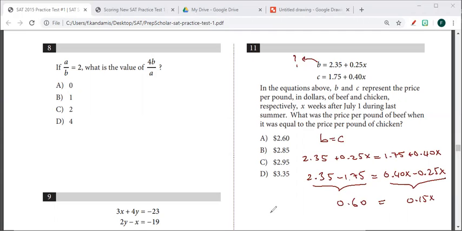So x equals 0.60 over 0.15, which is 4. Where x equals 4, what is B? I'm substituting 4 here. This whole thing becomes 1. So the correct answer is 335. The next question is 12.